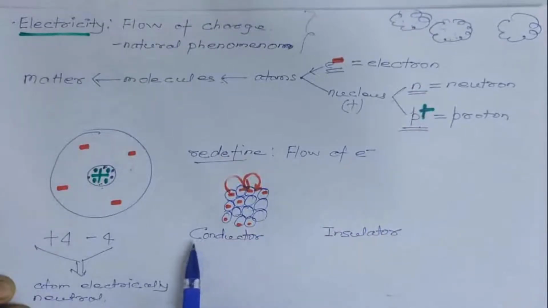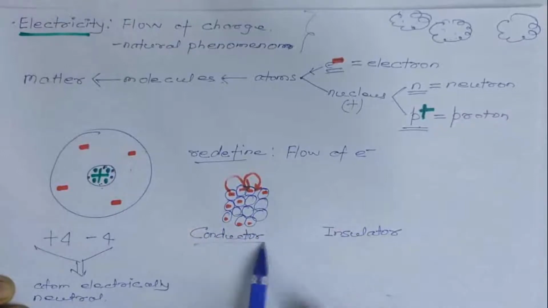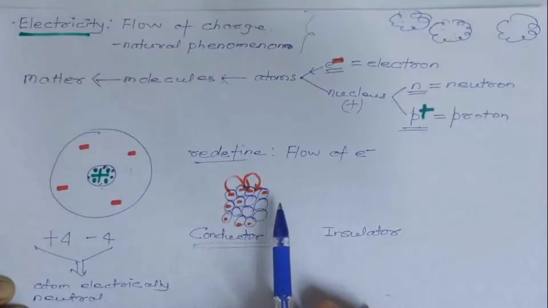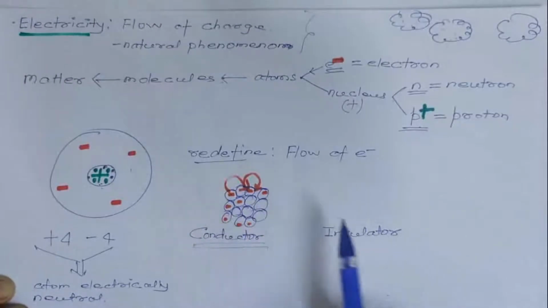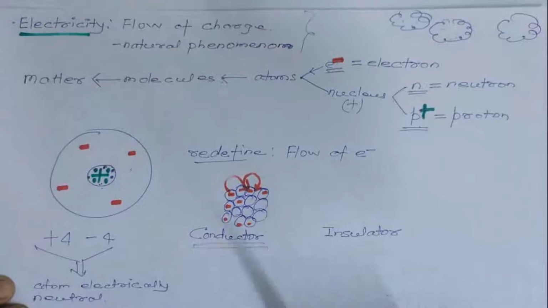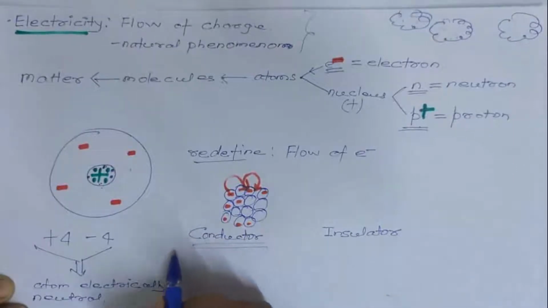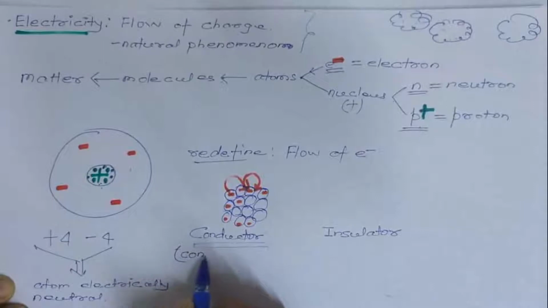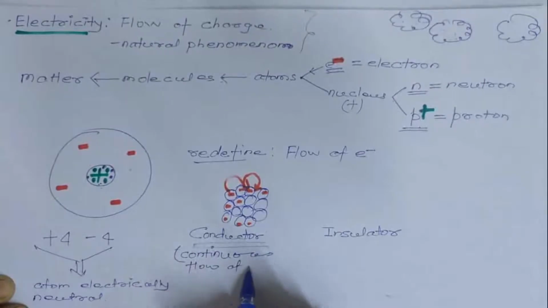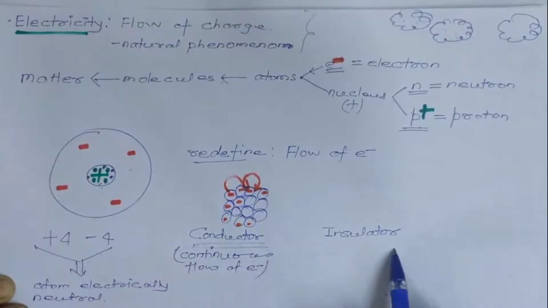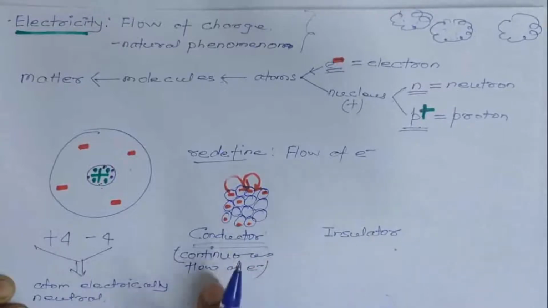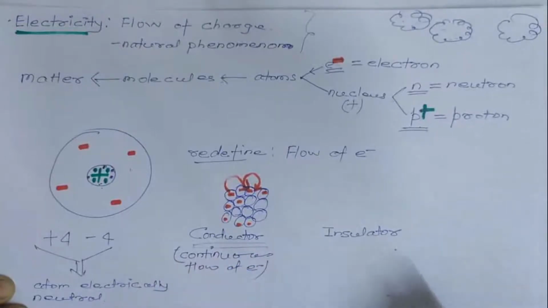I have drawn a picture of a conductor. It shows the continuous flow of electrons between the atoms. And in an insulator, flow of electrons takes place at a very low speed, and it doesn't cause any effect.